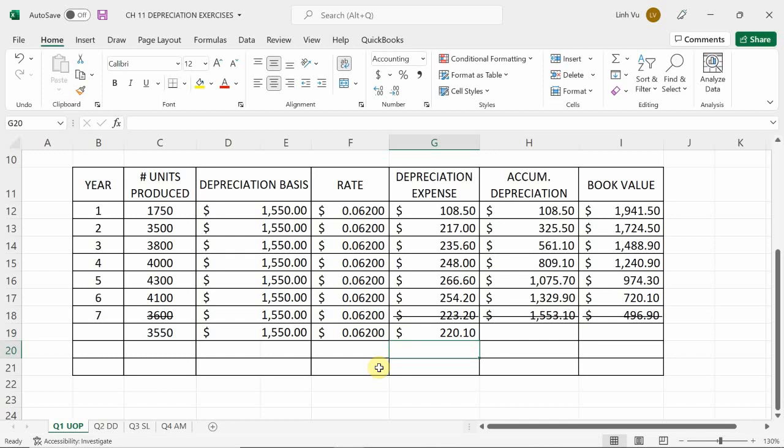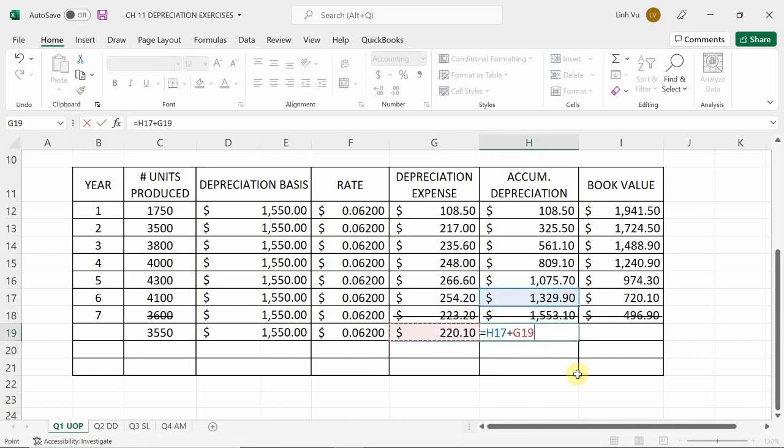We need to add the 1329.90 with 220.10, correct? Okay, 1329.90 add 220.10. 1329.90.